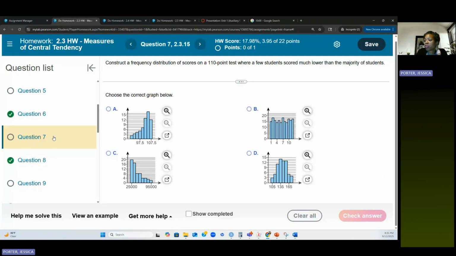Let's see, question 7. Okay, here's one where there's going to be a skewed distribution. It says construct a frequency distribution of scores on a 110-point test where a few students scored much lower than the majority of students. A few students scored much lower. What do you think that would be? Left skewed, right skewed? We got a left skew.